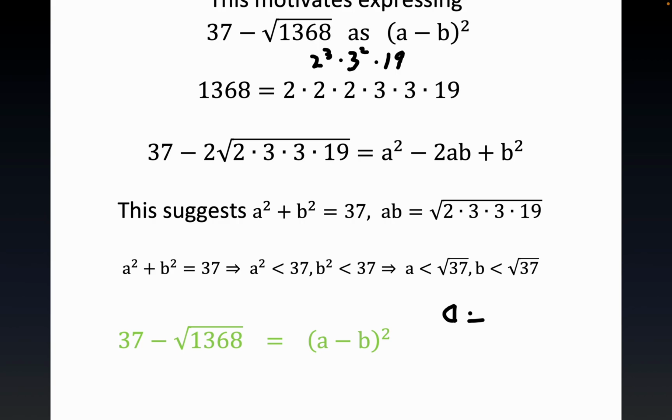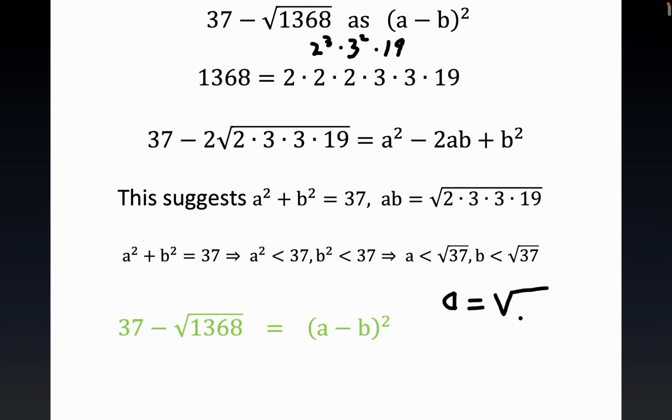Notice how non-algebraic this is. The other channels kind of force-fitted this just by trying to do some algebra, and you could tell they already knew the answer. This is the only possible assignment that could work here, and you don't even have to do the calculations out. So a is the square root of 19. Now the squares have to add up to 37, and b has to equal the square root of 18.